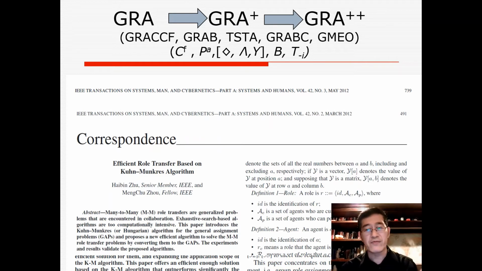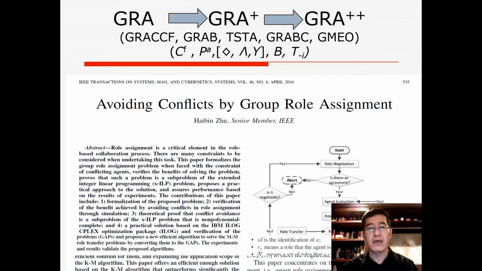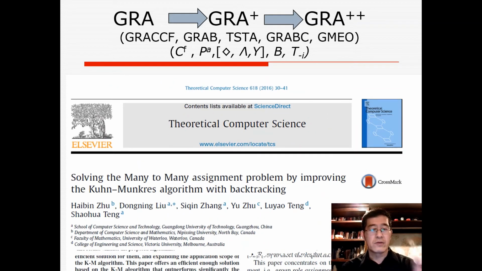Role transfer can be done by role assignment. And then this avoids conflicts in GRA by introducing a conflict matrix. That's agent conflict. We specify 1, and we also have this called GMI.